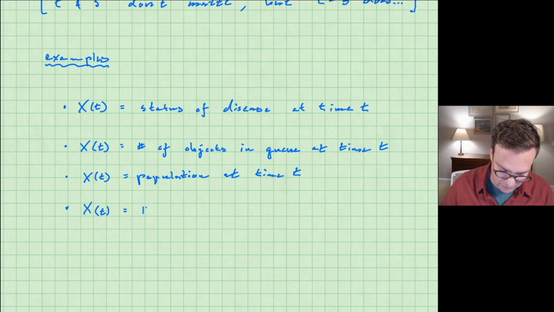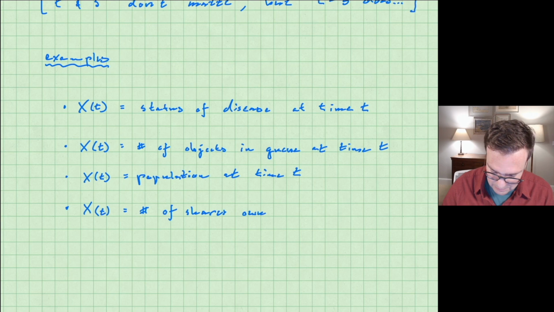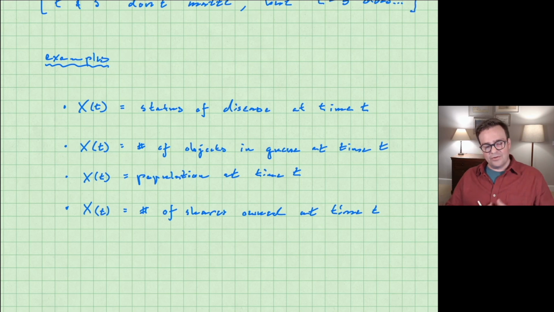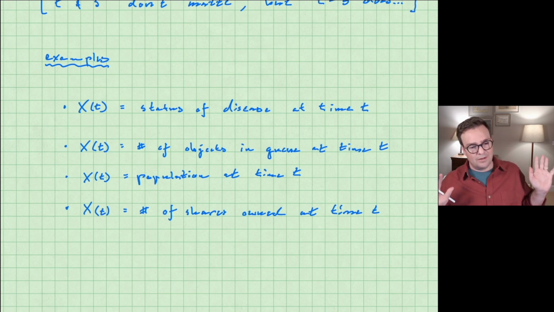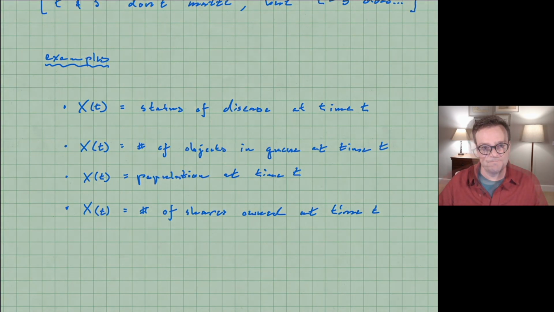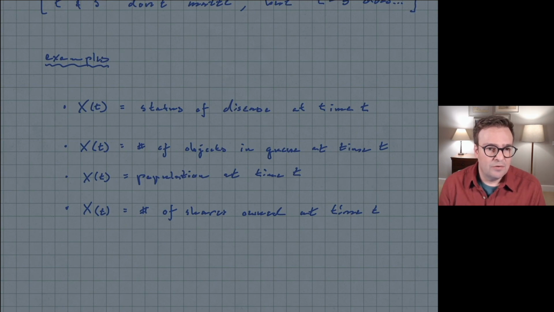Number of shares owned in some company at some time t. That's a continuous function of time, and so on. So basically we're just looking for anything that has a discrete state space and is a continuous function of time.